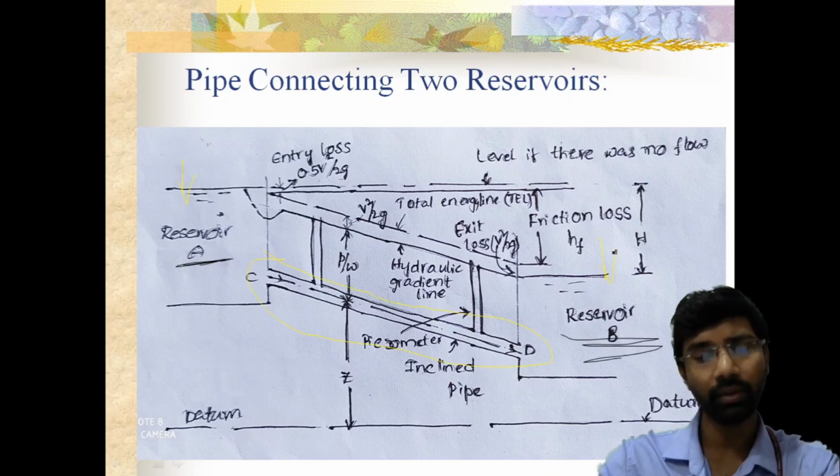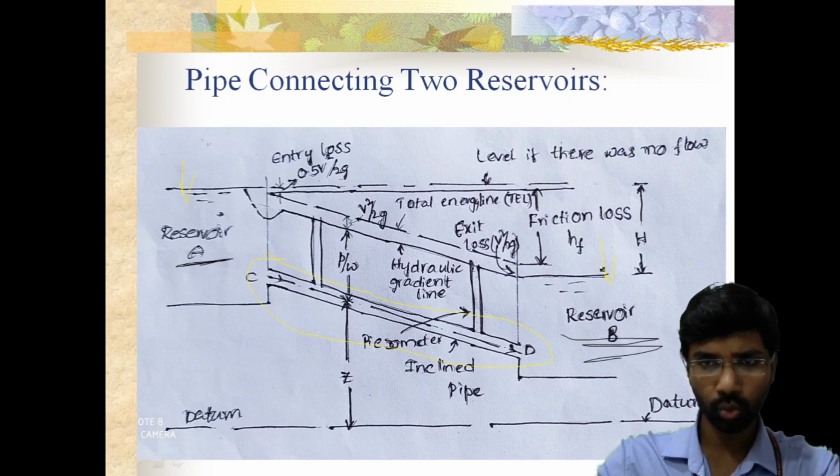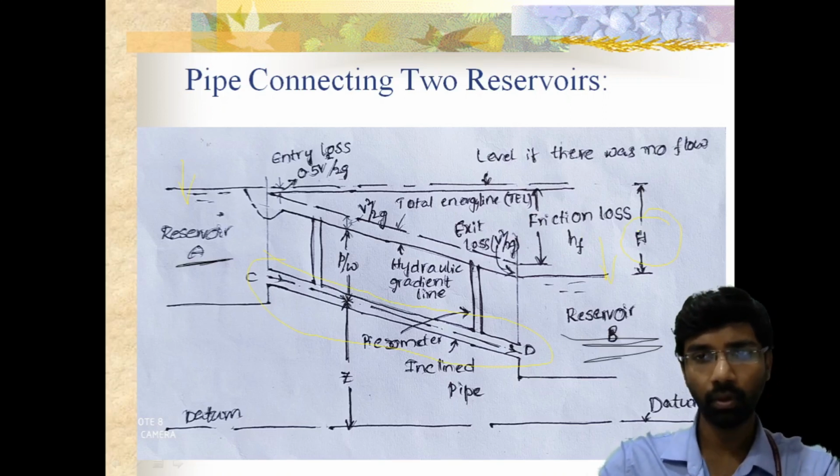But if the reservoir is large enough, or if your pipe is very long, then these two levels may not be equal. Why? Because definitely there will be a head loss. That is the reason you will identify a head loss here. So these two levels may not be equal. And how much the difference is, that is, what is the head difference between the two reservoirs, we'll identify here.